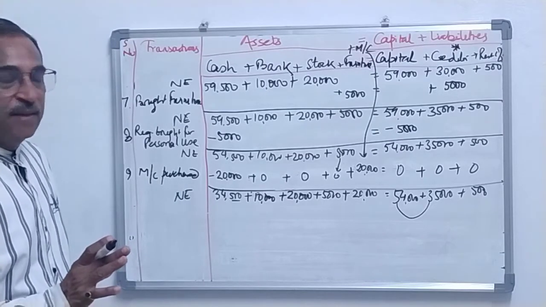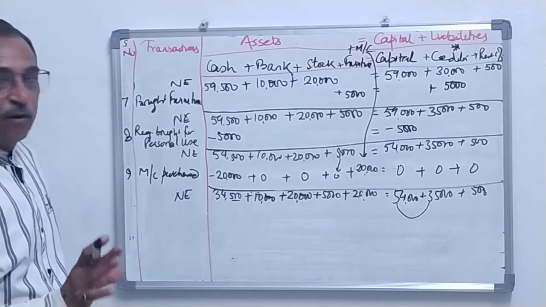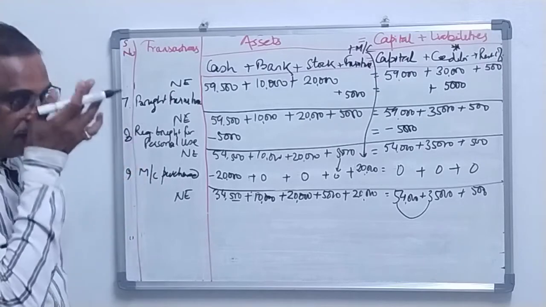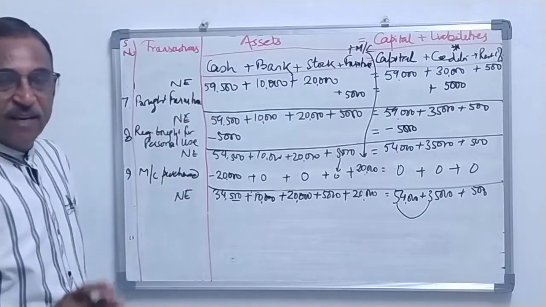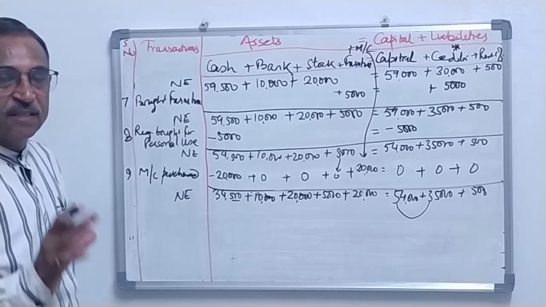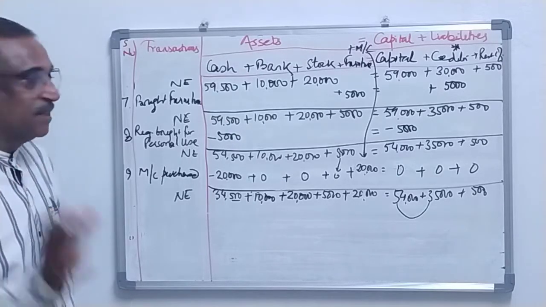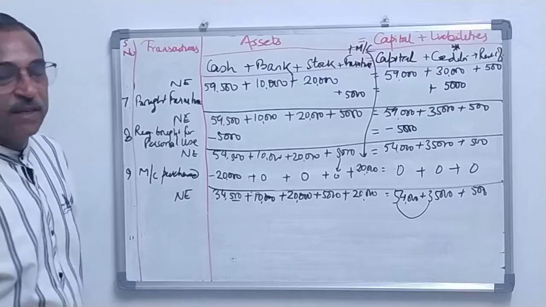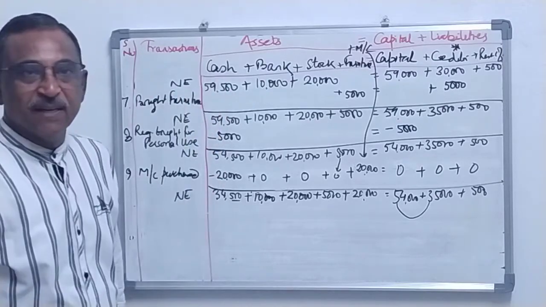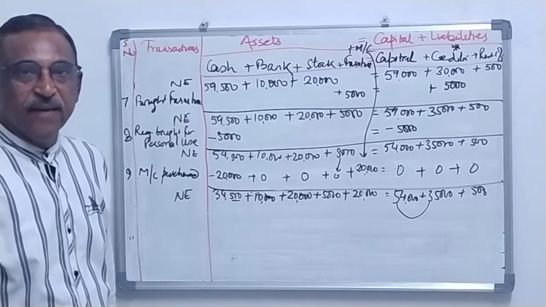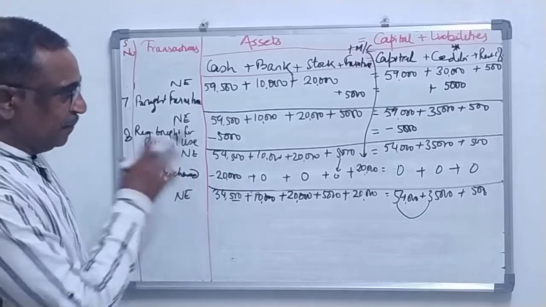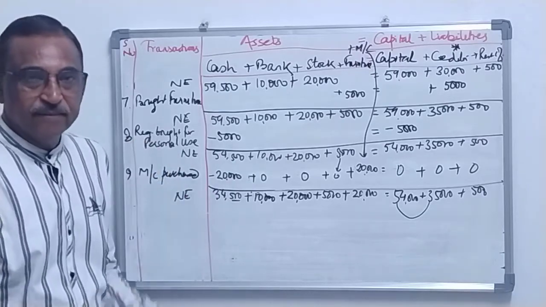Okay. Now, I hope this has made the accounting equation very clear to you. This is very simple and you can score 100% marks on questions coming out of this chapter, accounting equation. Okay. Now we will make a balance sheet for this. Clear?